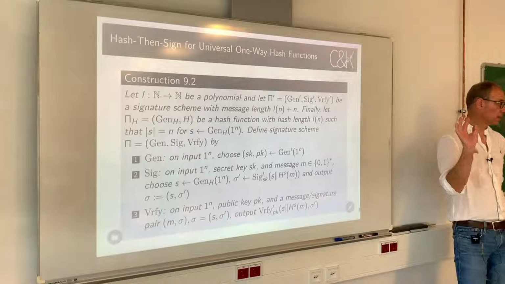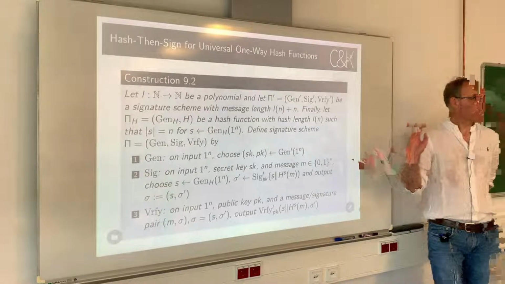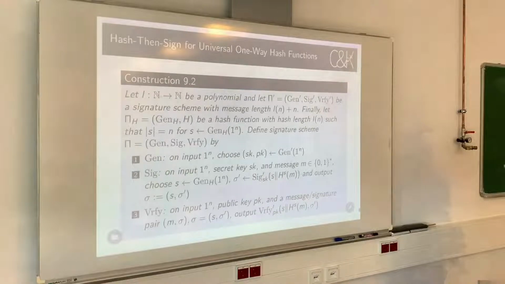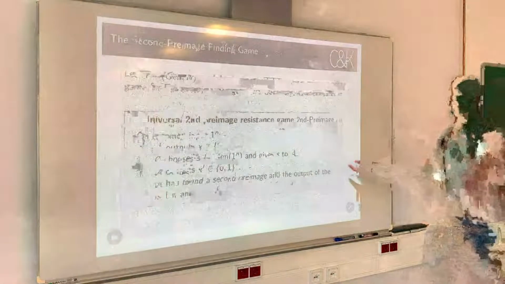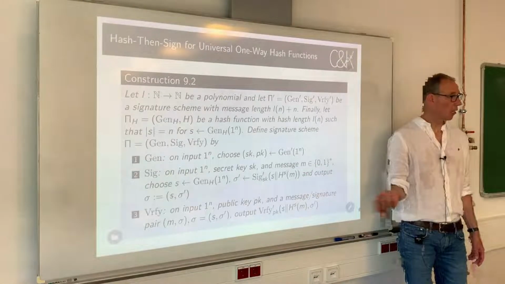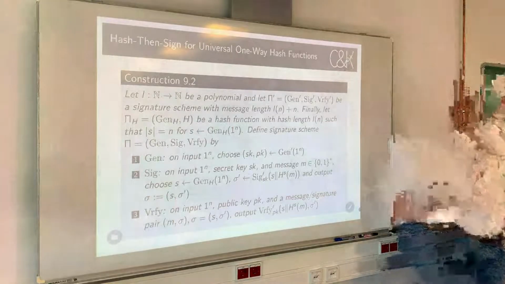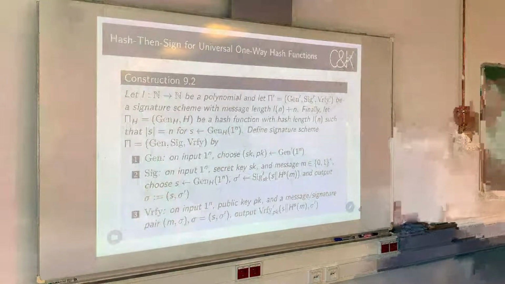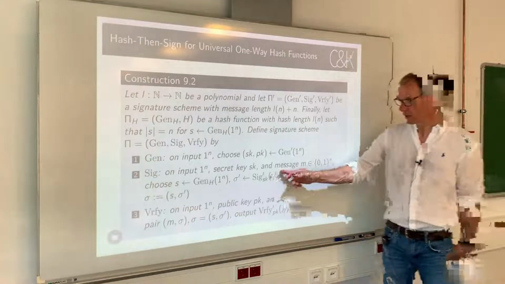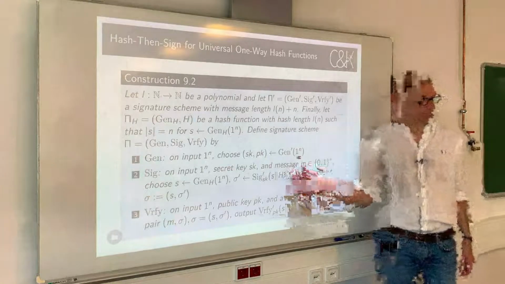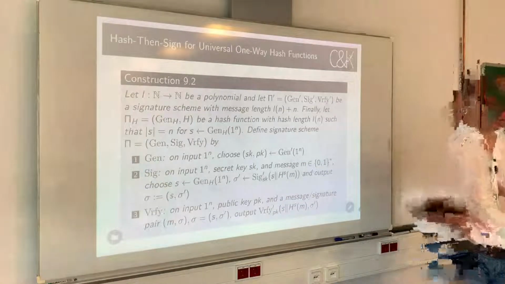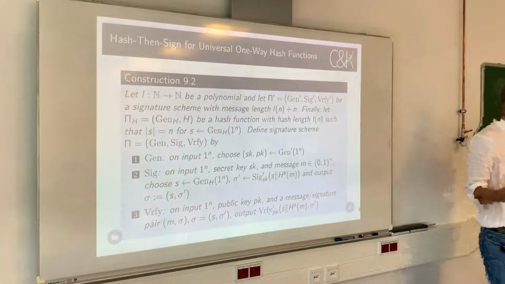Whereas here, the key is just the key from the original scheme, but for each signature, we compute a fresh hash key and sign that hash key in our signature as well. So it should remind you a little bit of a refreshing paradigm. So for each signature, a fresh hash key. And then we sign the hash value as before, but concatenated with the key itself.